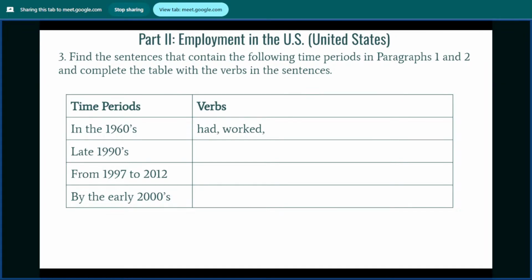Now what you have to do is look at the article again, open it in the PDF that I have shared, and mark the verbs which you come across.